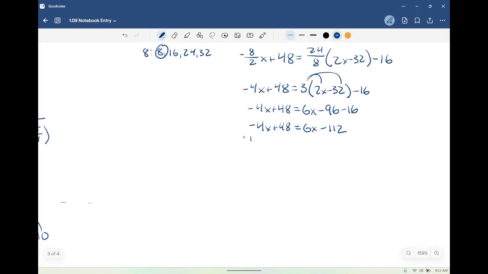All right, from here, add 4x to both sides. 48 equals 10x minus 112. Add the 112.